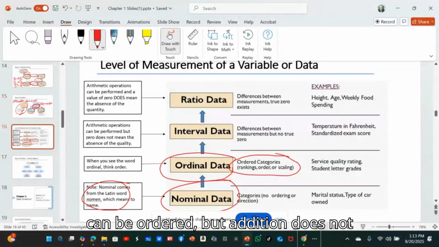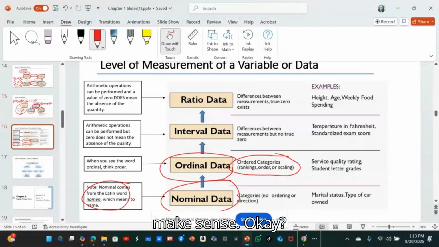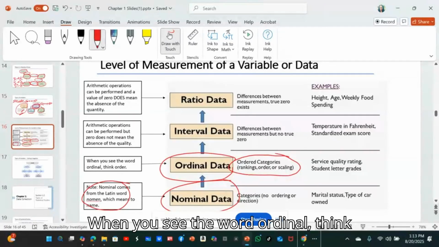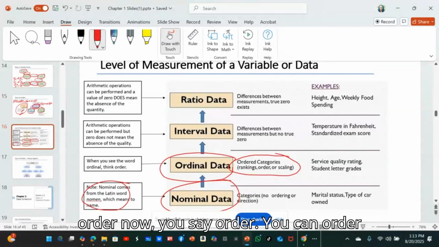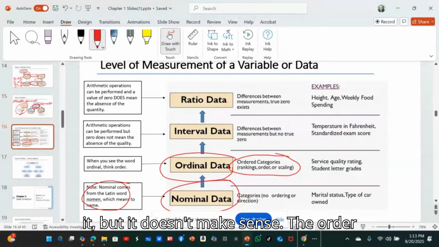It can be ordered, but addition does not make sense. When you see the word ordinal, think order. You can order it, but the order doesn't make sense.